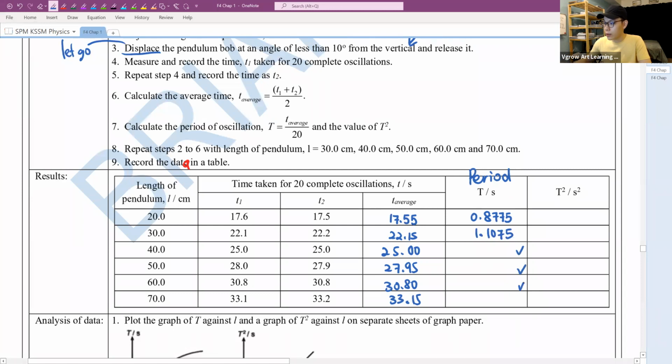And then maybe I do now for the bottom two. Okay, you do for 40 cm and 50 cm. I do for 60 cm and 70 cm. You got the two already?